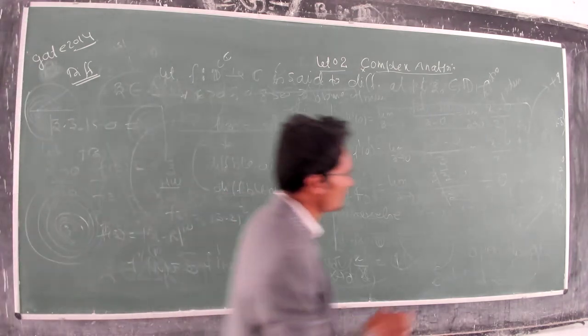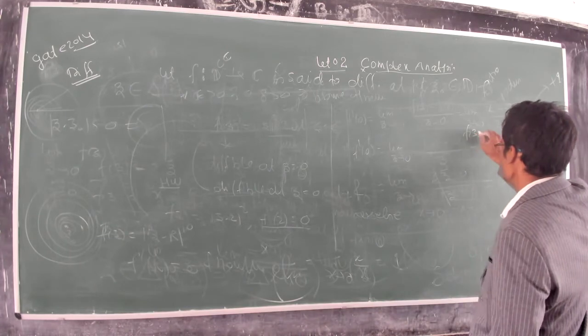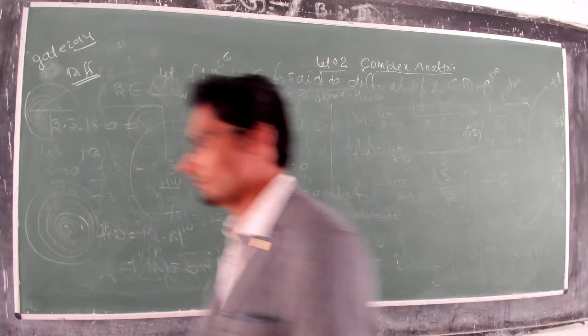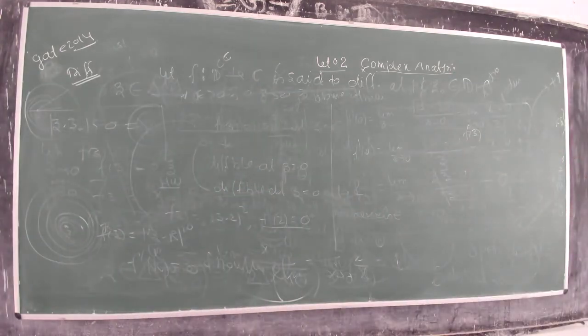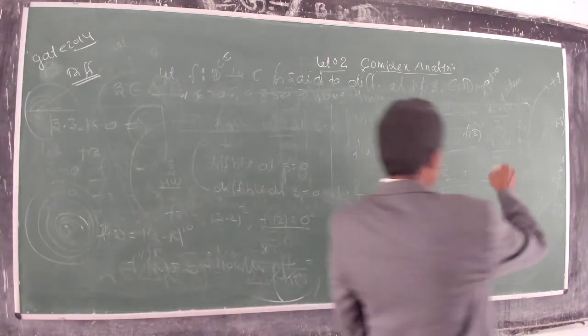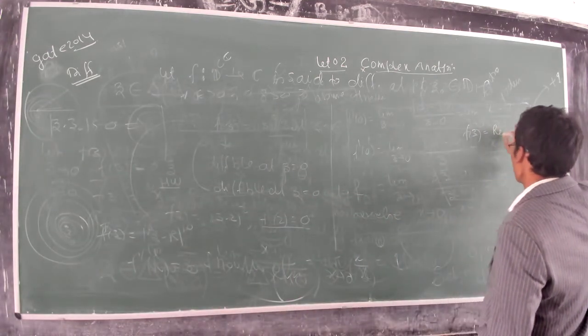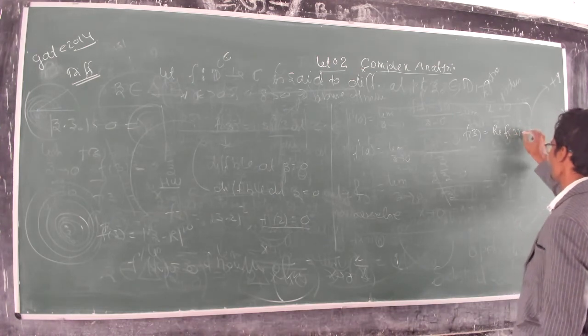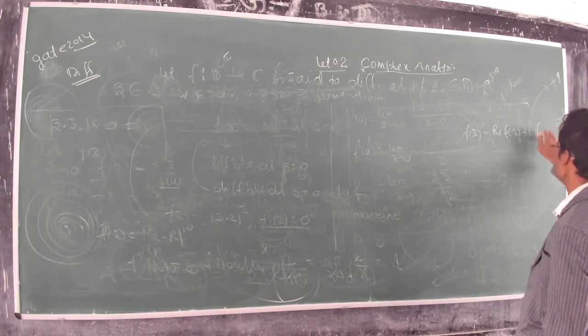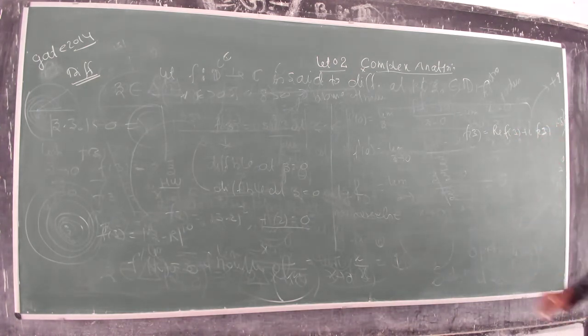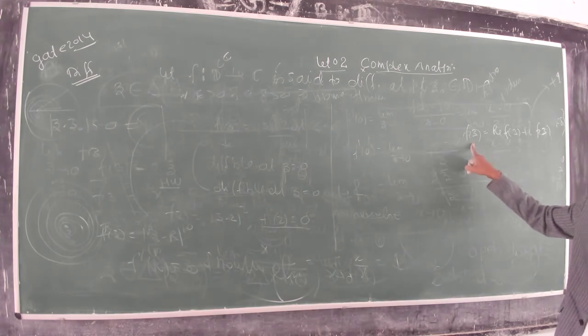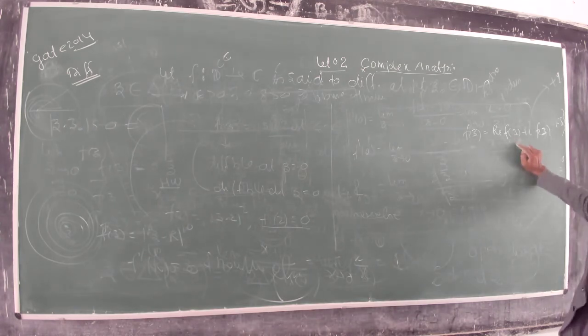Whenever I have a function f(z), we can always write f(z) in the form of real part of f(z) plus imaginary part of f(z). This is a function of x and y, so this will also be a function of x and y.